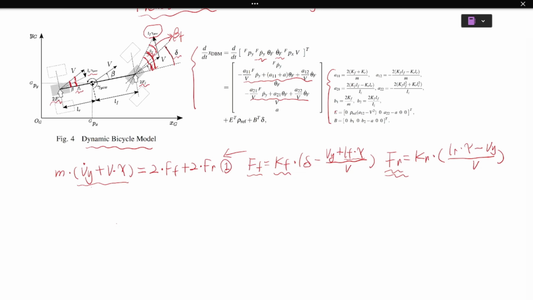We can get M times Vy dot plus V times gamma equals 2 times Kf times delta minus Vy plus Lf times gamma over V, plus 2 times Kr times Lr times gamma minus Vy over V.